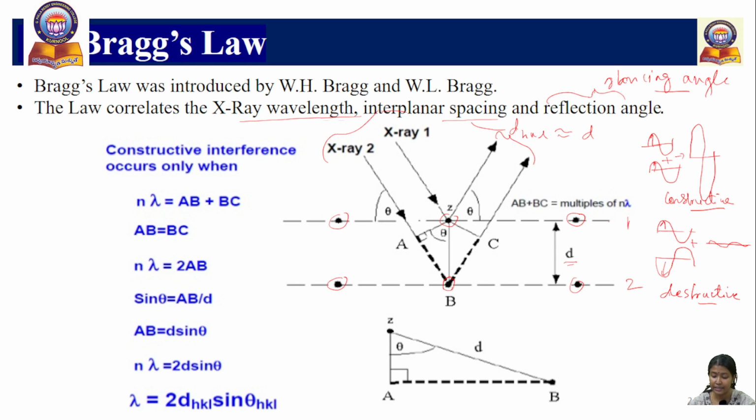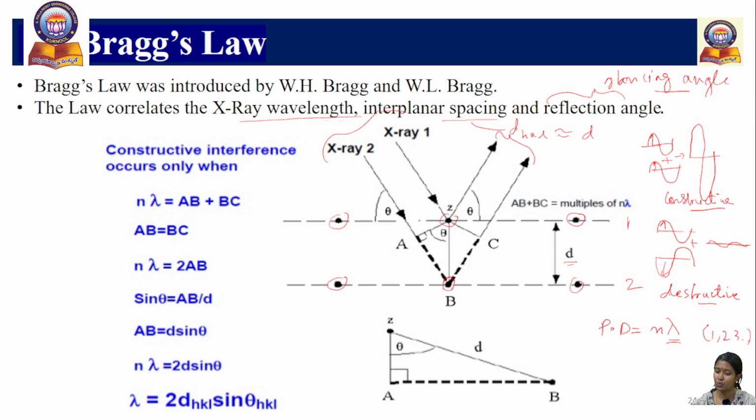So there is a condition for when it will be constructive and when it will be destructive. The condition is that the path difference should equal n lambda. Now n can take values 1, 2, 3, it is just integers. Lambda is the wavelength of the wave you are using. That is your choice, you can take anything.